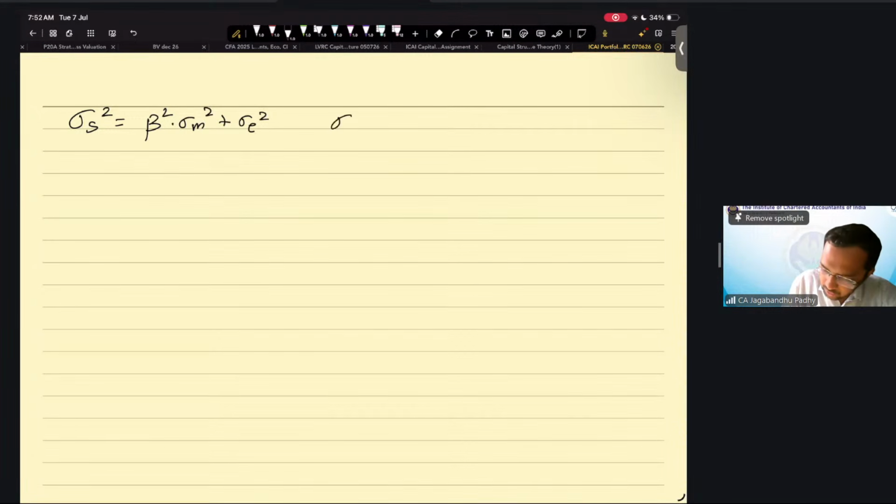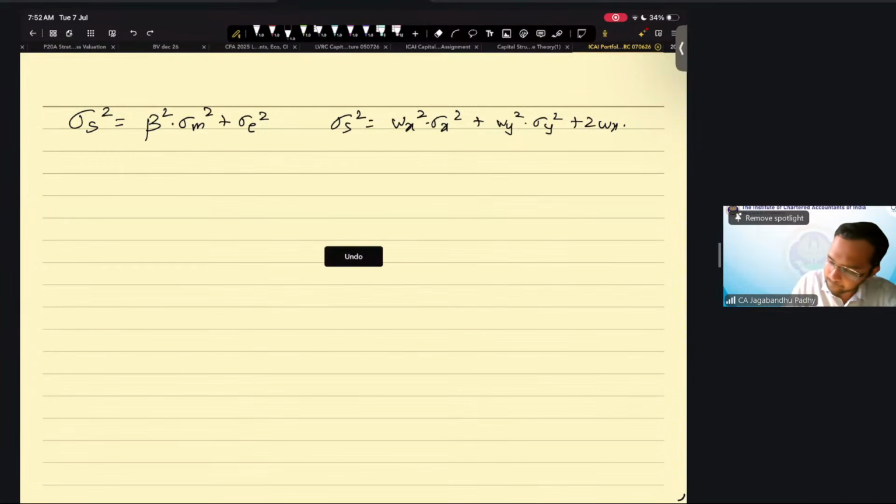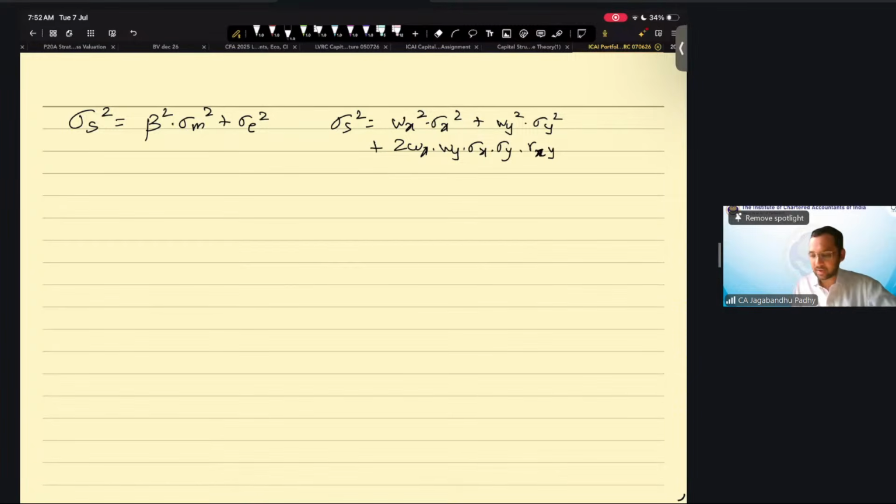But on the other hand, you also had variance of the portfolio using the Markowitz formula, which was weight of x square into standard deviation of x square plus weight of y square into standard deviation of y square plus 2 into weight of x, weight of y, standard deviation of x, standard deviation of y, and correlation between x and y.